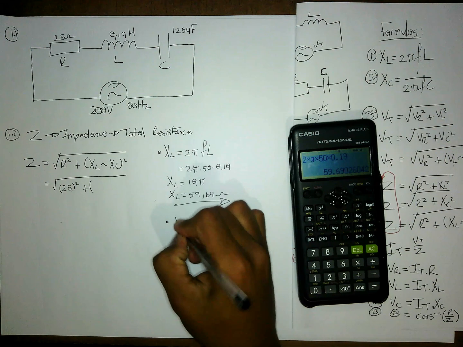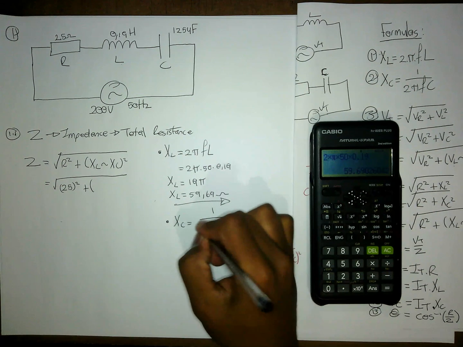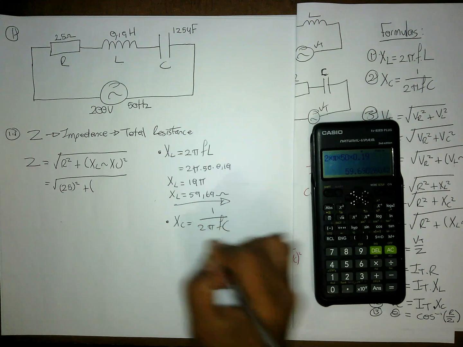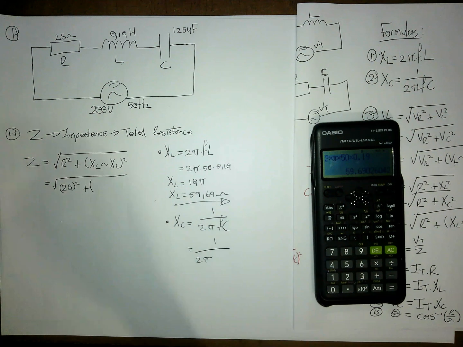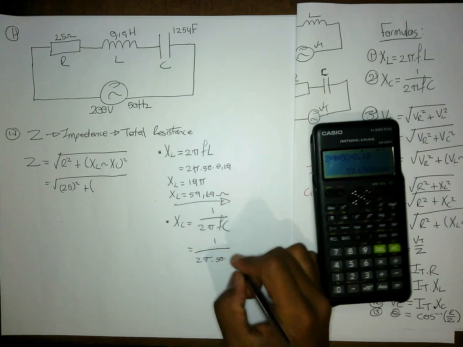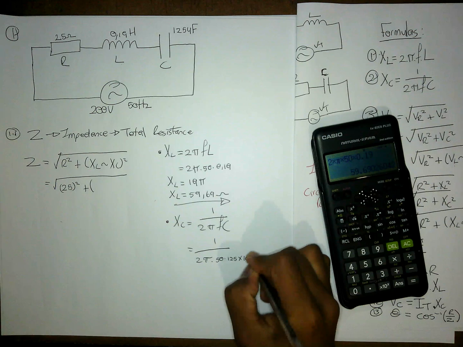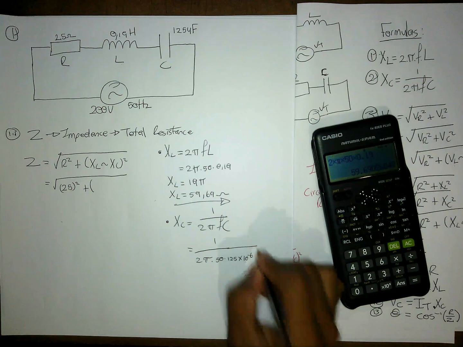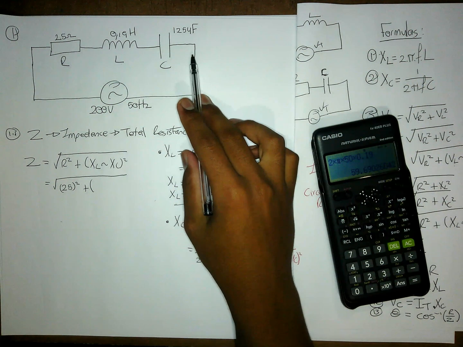Okay, for XC, my formula is 1 over 2 pi FC. I substitute my 50 hertz, and my capacitance is 125 times 10 to the power minus 6. Does everybody know the scientific notation?